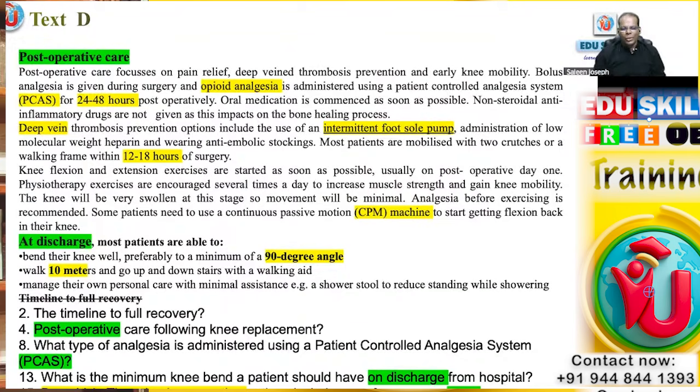On discharge, most patients are able to walk dash and go up dash meters. While reading, it must be a distance. So 10 meters, again, is a number, a distance number. Every text gives the same idea. How sweet and wonderful if you just dig into it.